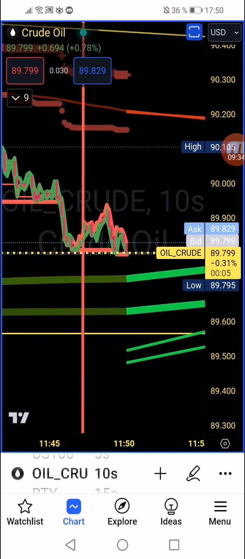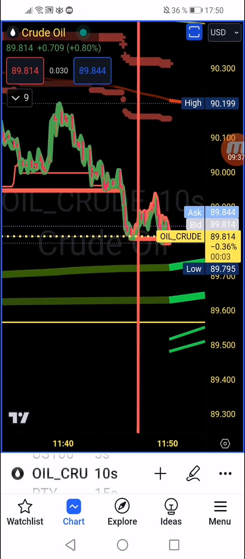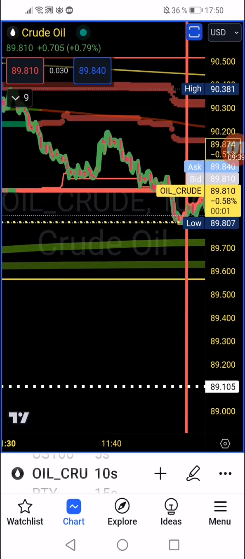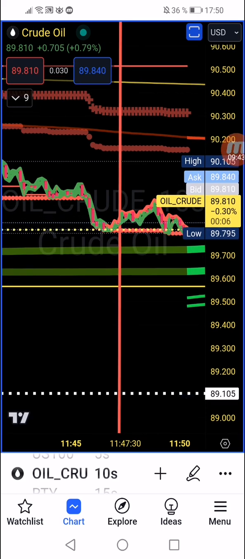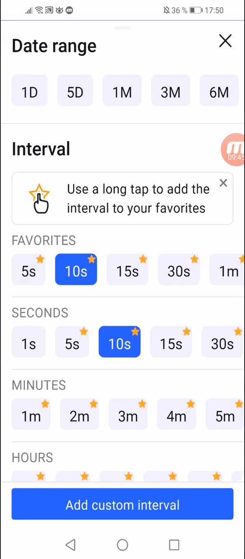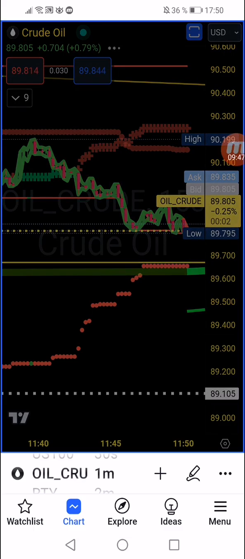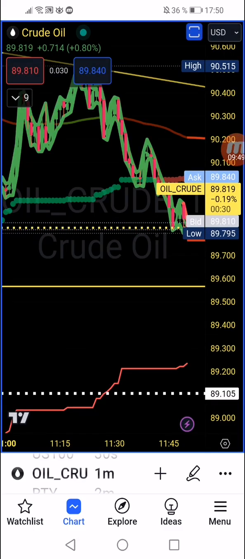All right. So on the 10-second chart, and now I want to confirm if it is true. We go again to 1 minute, to see if they say the same.